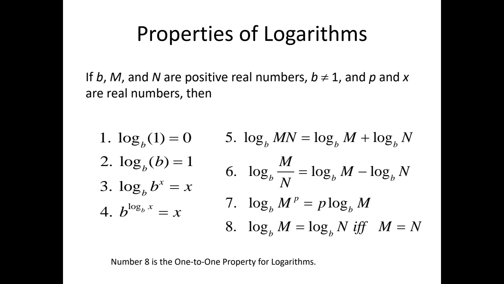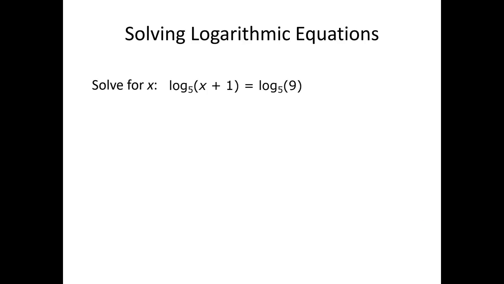So throughout the whole chapter, we can use these properties. So we already looked at numbers 1 through 4. 5, 6, 7, 8, I believe, will be in the next properties. Okay, so here it says solve this equation. So notice here that the log has a base of 5. And on this side, we have log base 5.